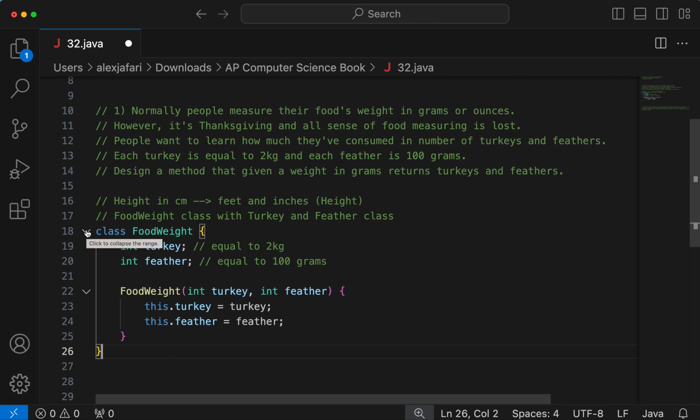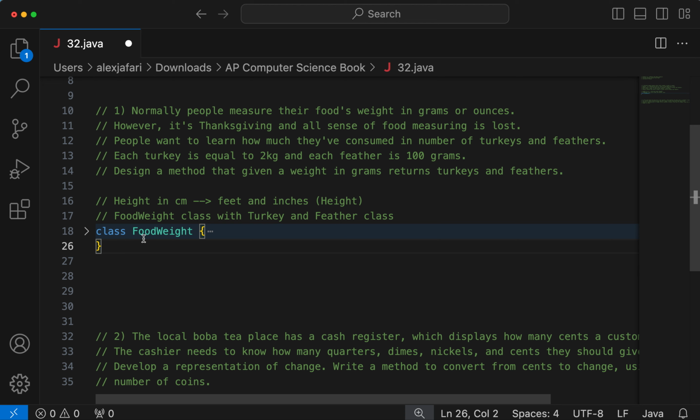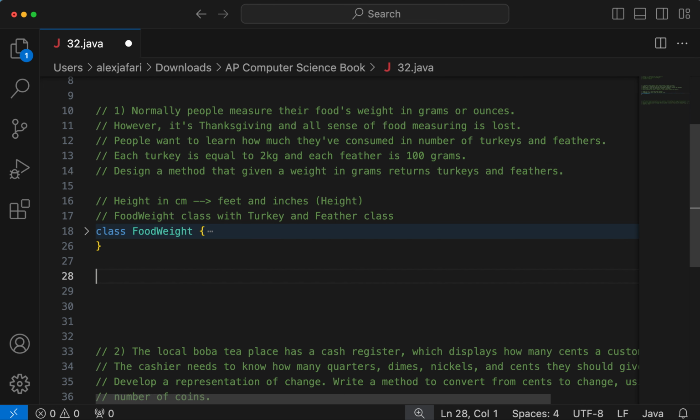Perfect. Done with this. Now it says, design a method that, given a weight in grams, returns turkeys and feathers. What's the first step of designing a method? The purpose statement. Purpose statement, exactly. What is the purpose of this method?